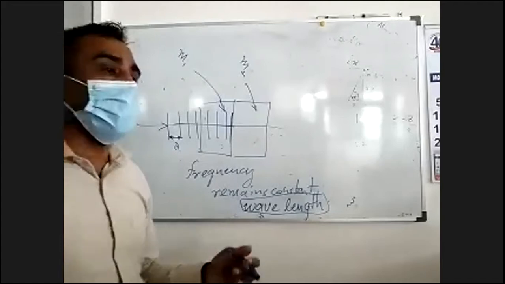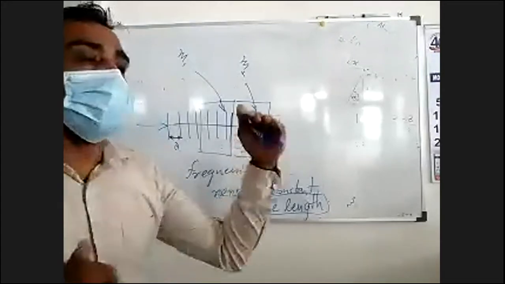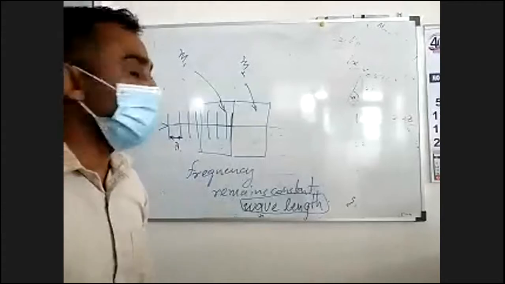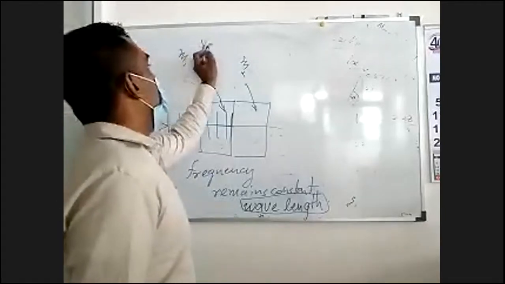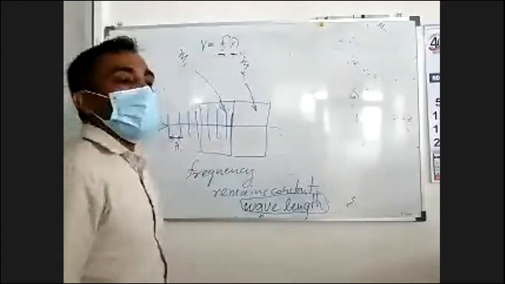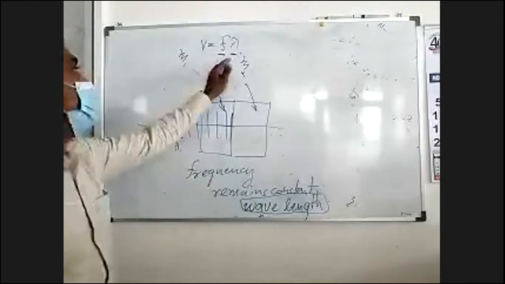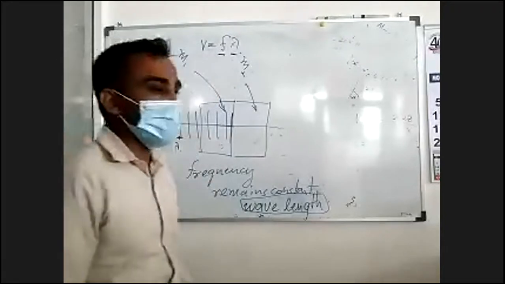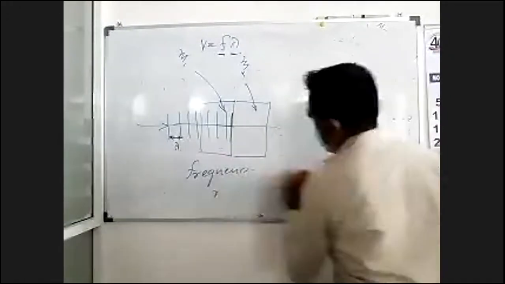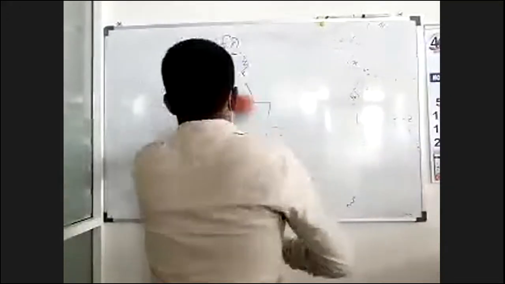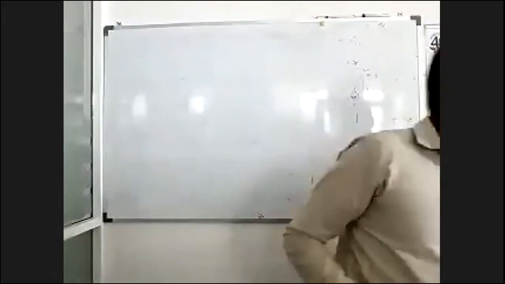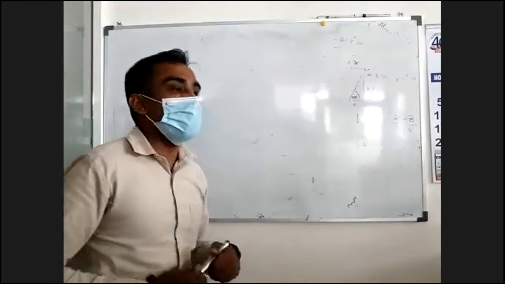That is why the speed of the wave is changing from one media to another media, because v equals f lambda. f remains constant, but lambda may change. Because of that, the velocity may change. Let's see how that behavior changes the path of the radiation.